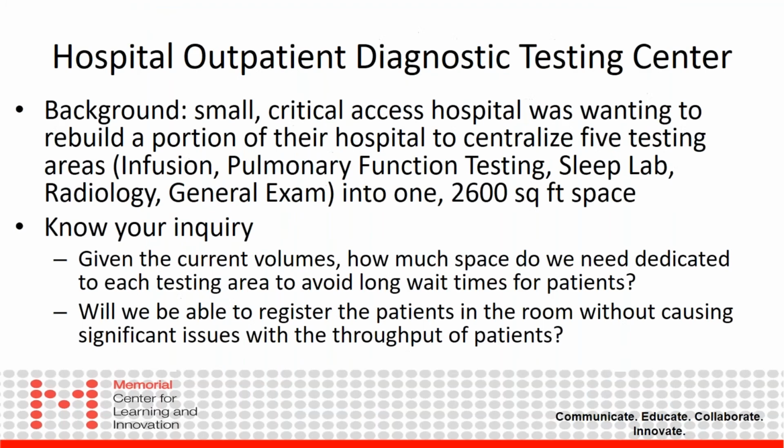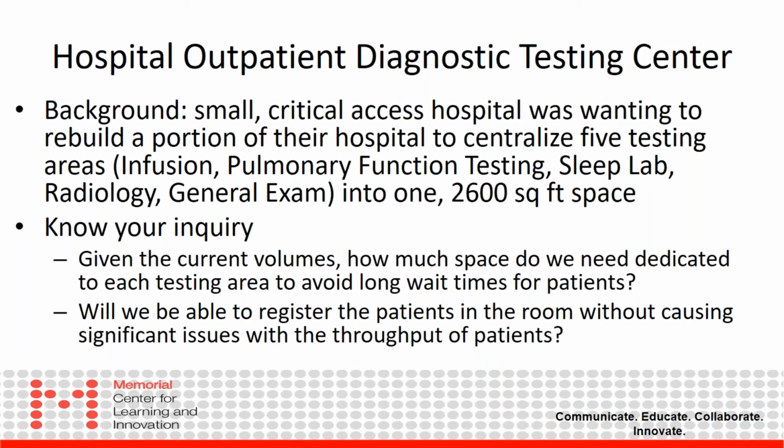The second case study I'm going to walk you through was looking at one of our small critical access hospitals. For those of you that might not be familiar, here in the United States, we have critical access hospitals, which are 25-bed hospitals located in rural areas.